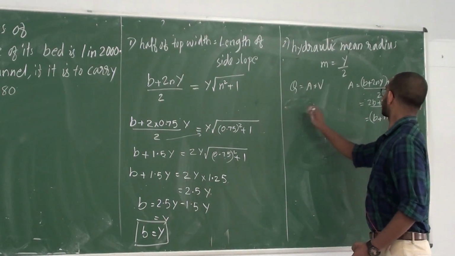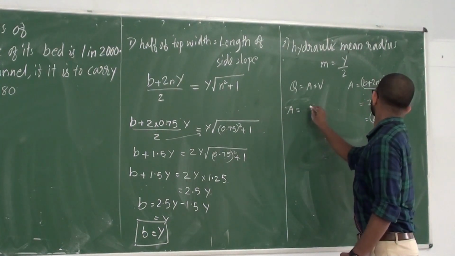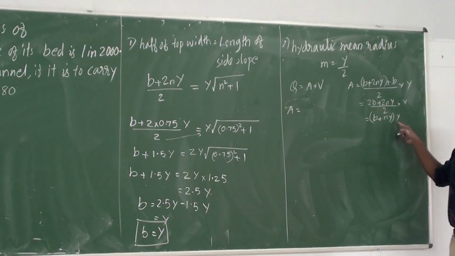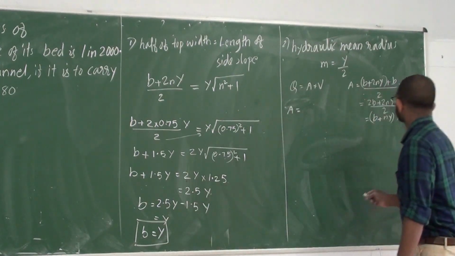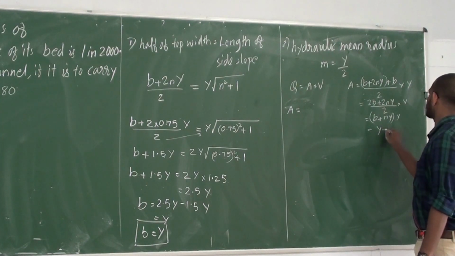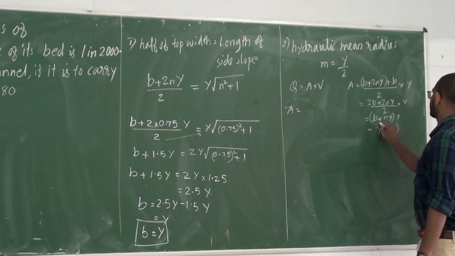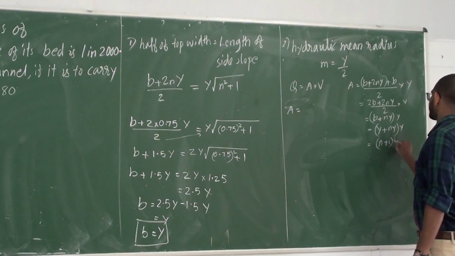So the area A is equal to B plus ny into y, but we have already found B is equal to y. So let us substitute B equal to y. So y plus ny into y is equal to n plus 1 into y square.